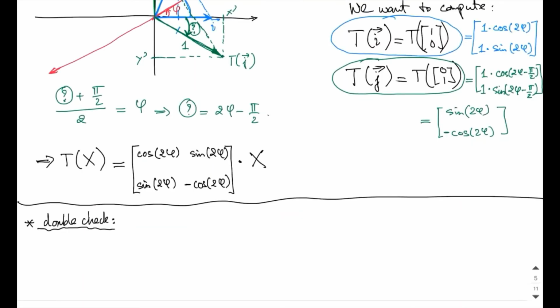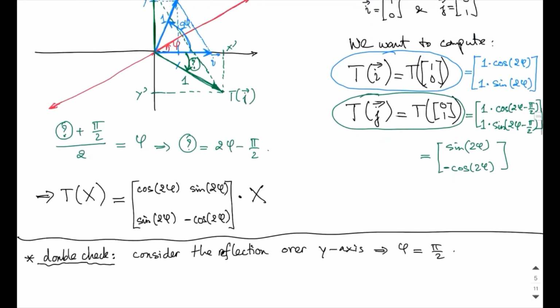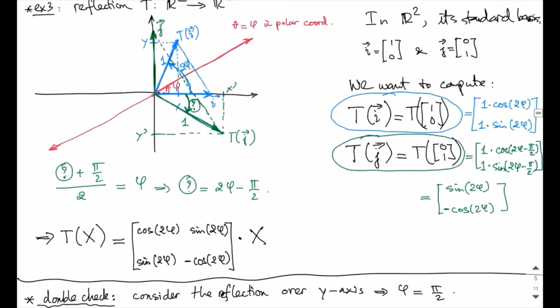Double check. Consider the reflection over the y-axis. That means that the phi you need to consider is 90 degrees, pi over 2. This is the y-axis. The angle formed from the horizontal axis to the reflection line is pi over 2.